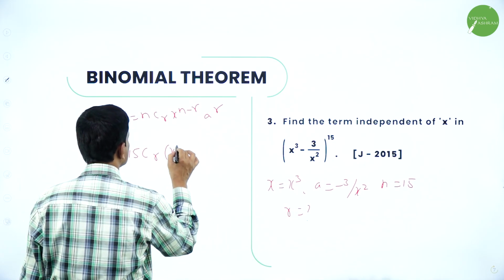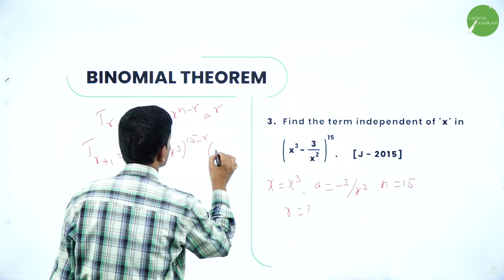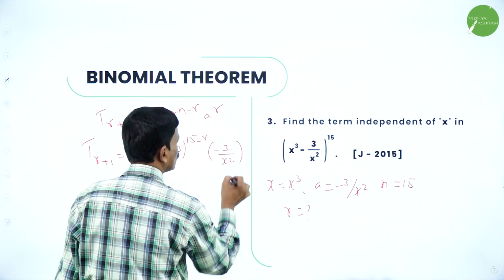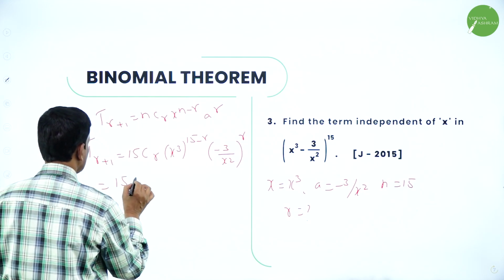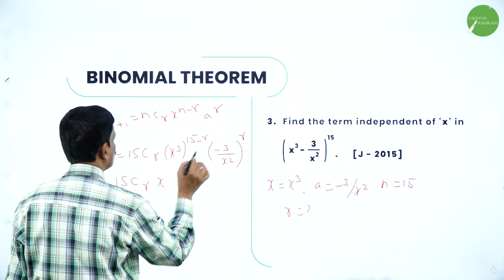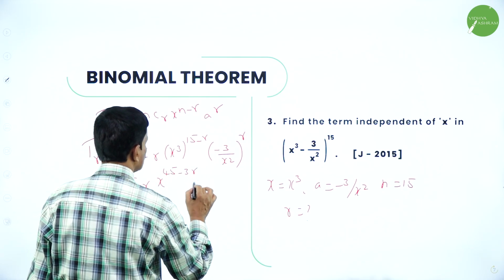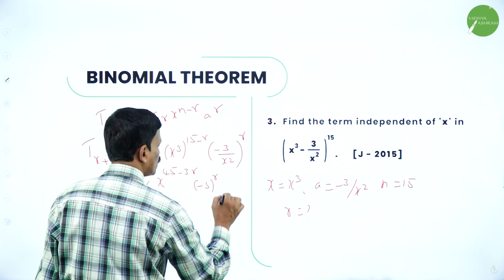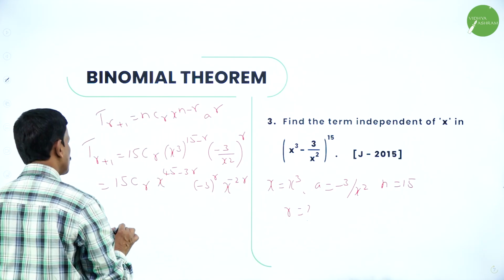What is x? x is (x cube) whole to the power of 15 minus r, into (a is minus 3 by x square) whole to the power of r. So this is 15Cr x to the power of 15 into 3 is 45 minus 3r. Just take this x square to the numerator, it becomes x to the power of minus 2 whole raised to r, which is x raised to minus 2r.